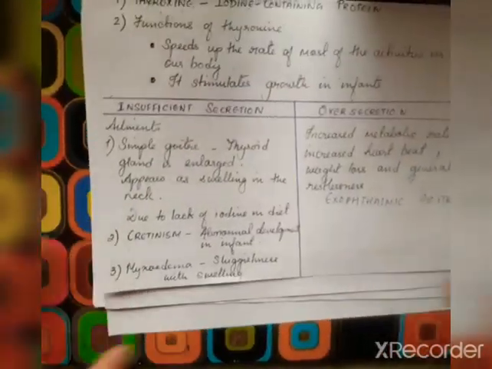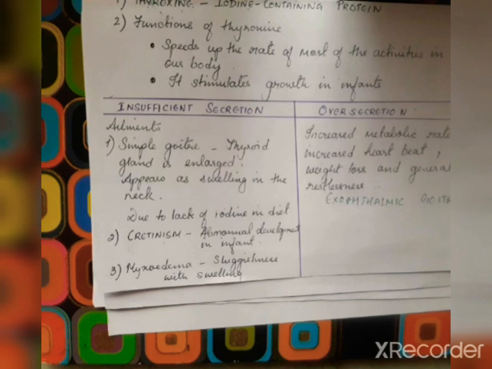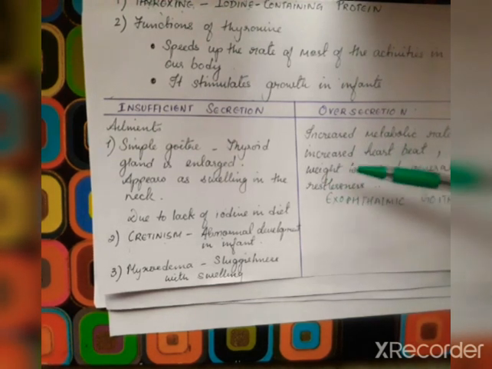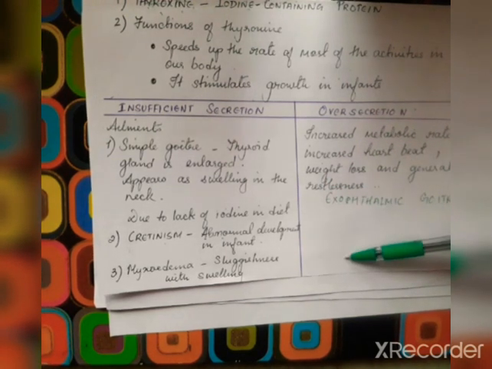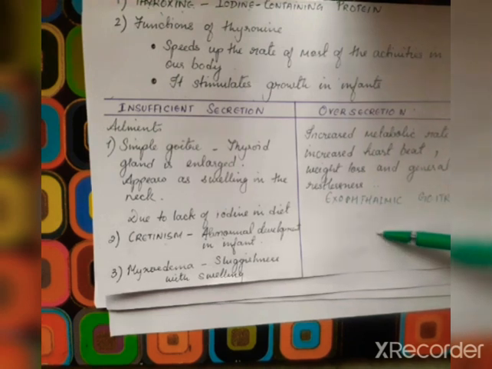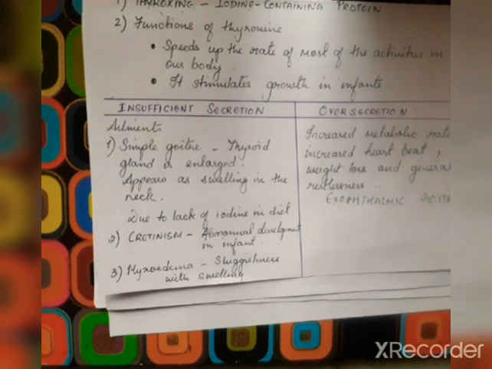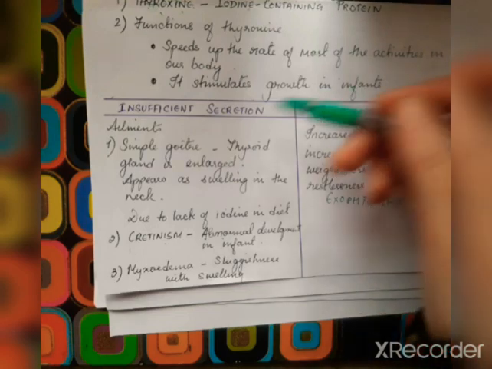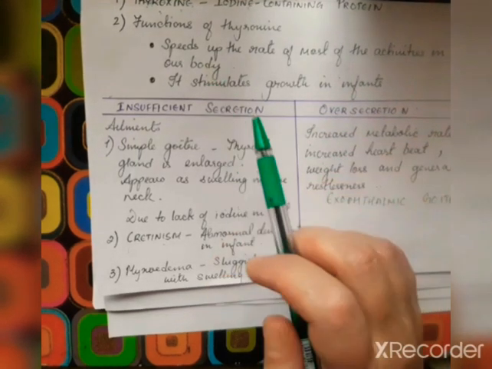Likewise we have other endocrine glands like adrenal glands, pancreas, pituitary gland. We will do all the endocrine glands one by one. So this much for today's class, and in the next class we'll do adrenal glands and other glands also. Today was just an introduction, and we did the thyroid gland.